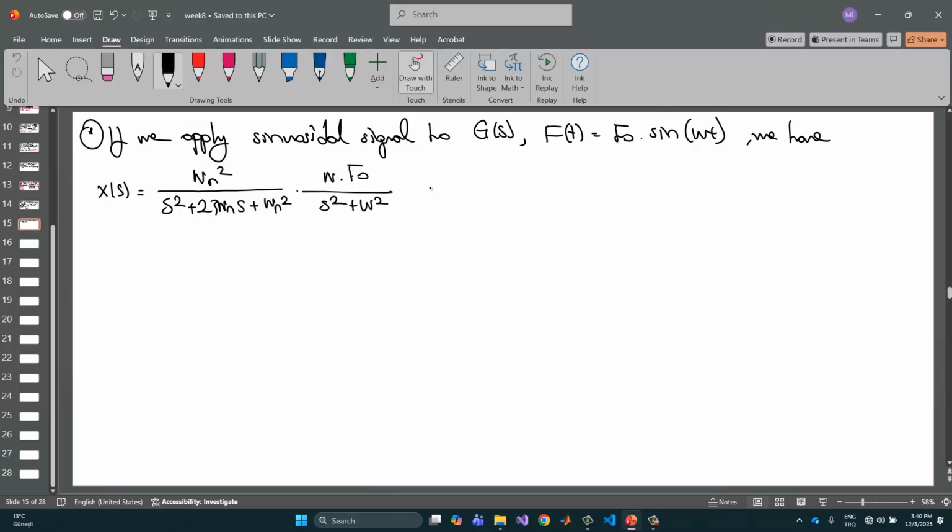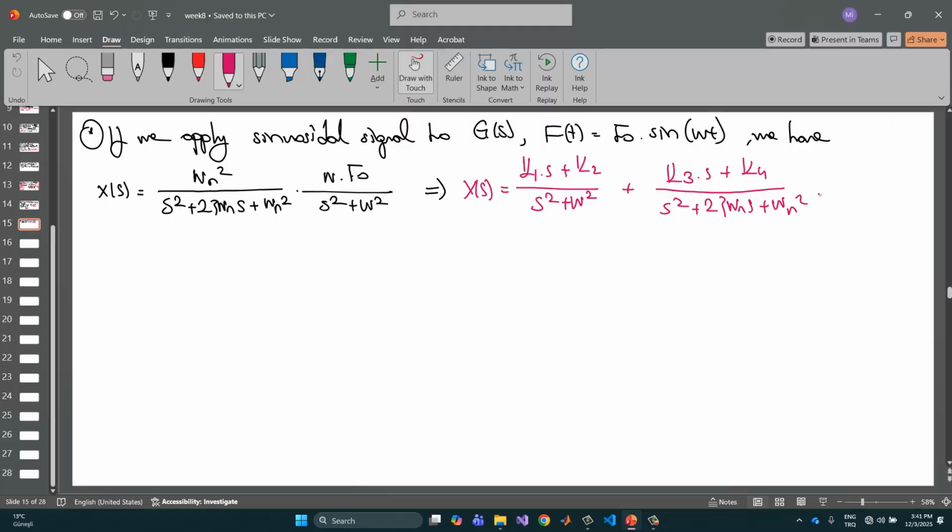Okay? And so, if you solve this equation, we will get this kind of response. X(s) is equal to what? (K1 s plus K2) divided by (S square plus W square), plus (K3 S plus K4) divided by (S square plus 2 zeta omega n s plus Wn square).